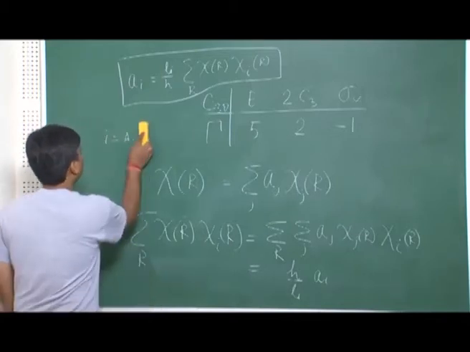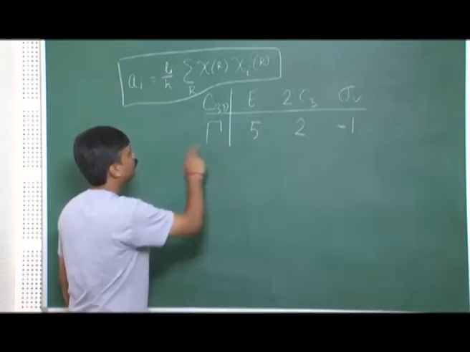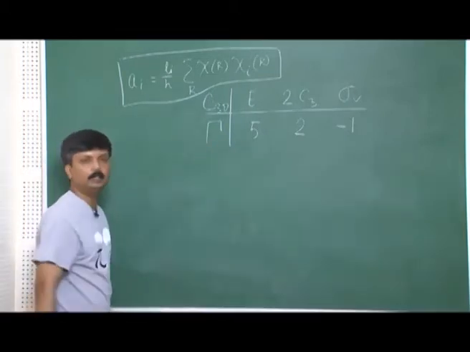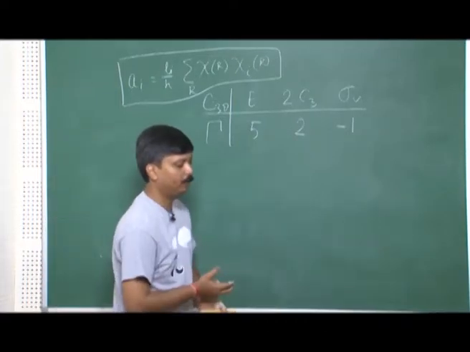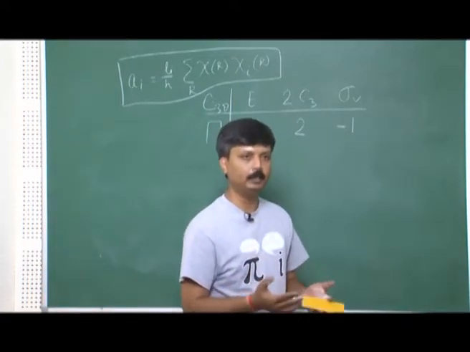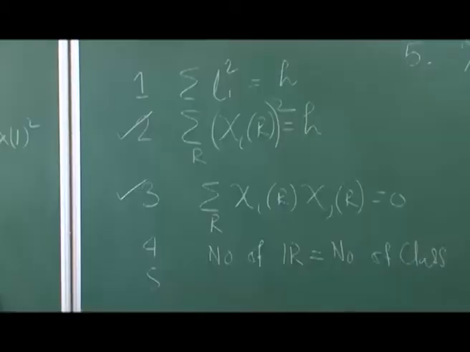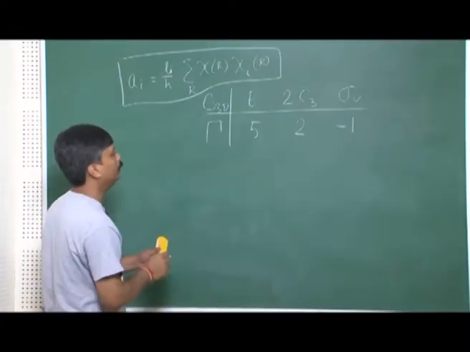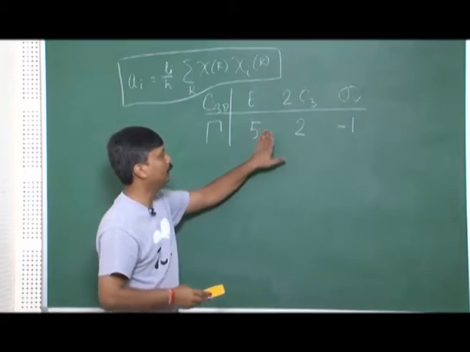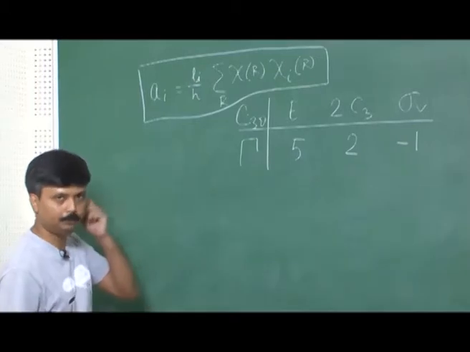Alright. So now, just to illustrate this particular relation, you can apply this one on this particular representation. Whenever you are given a representation, you have to first see if it is reducible or not. You can check by following the equation 2 whether it is reducible or not. So we have already stated that it is reducible, because the square of the characters, if I add, then it is greater than h.